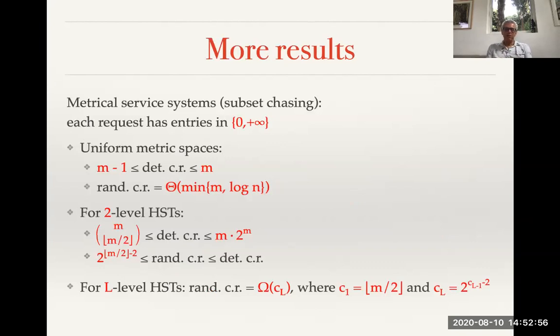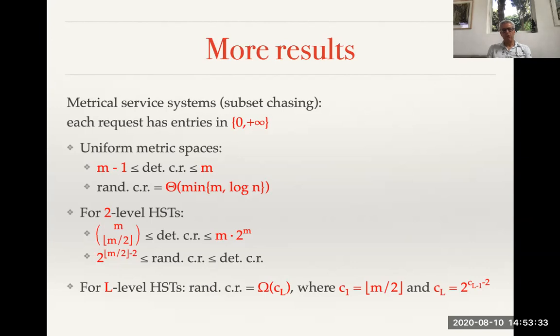Now, on the other hand, we look at a subclass of metrical task systems that is called metrical service systems, or alternatively, one can think of it as chasing subsets of the metric space. So in this particular subclass, the entries of each request, these are the service costs for the individual states, can be either 0 or plus infinity only.